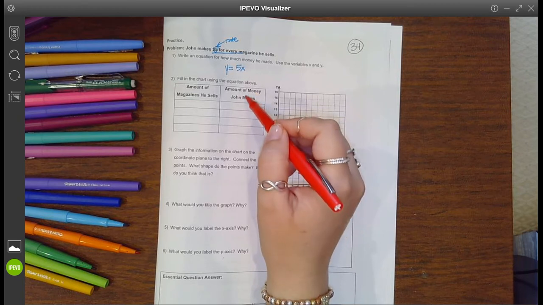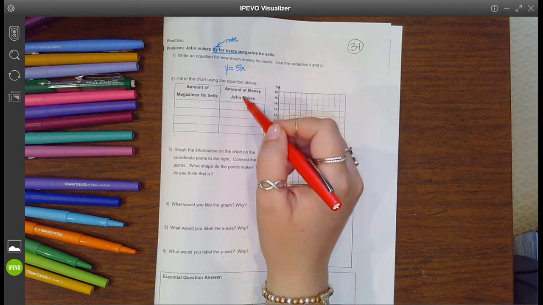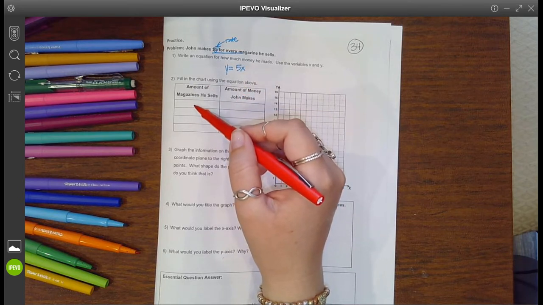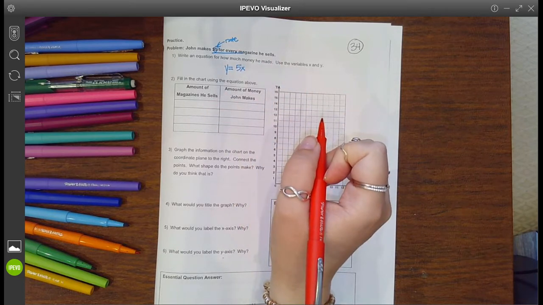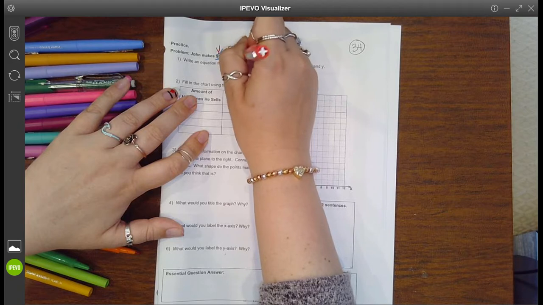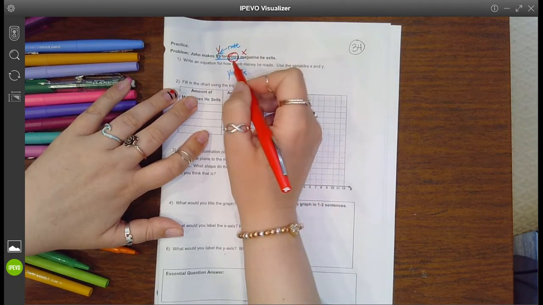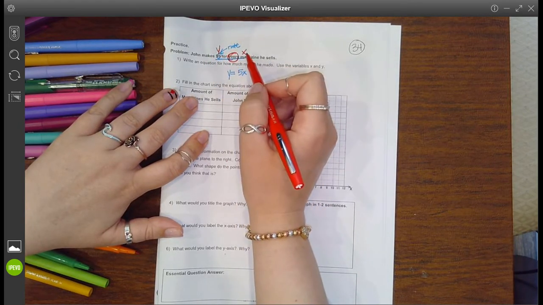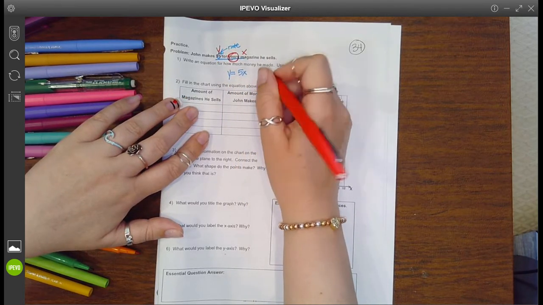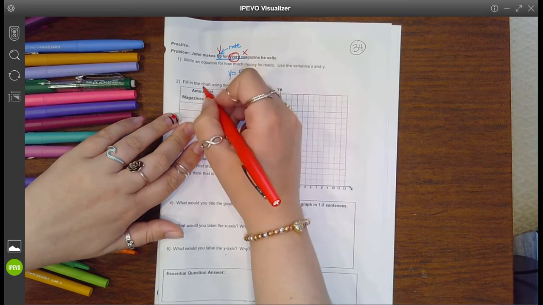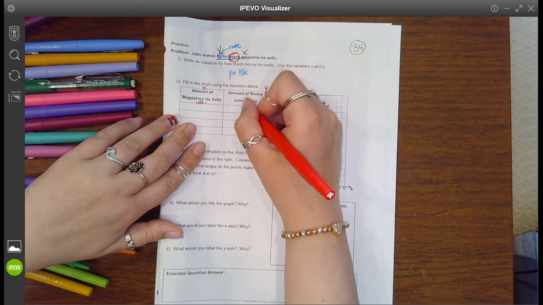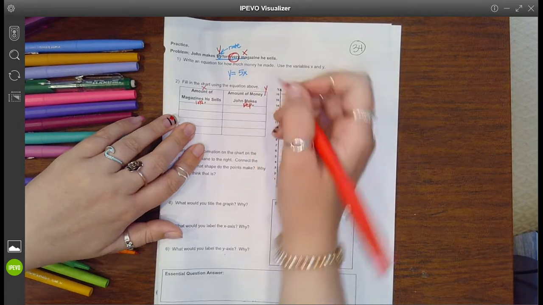So how much money I make is my dependent variable, depends upon how many magazines I sold. Also, you can use that y per x trick. Look at the word per, each, every, and it separates your y from your x. So y is the money made, and x is the number of magazines sold. So this is your independent, this is your dependent.